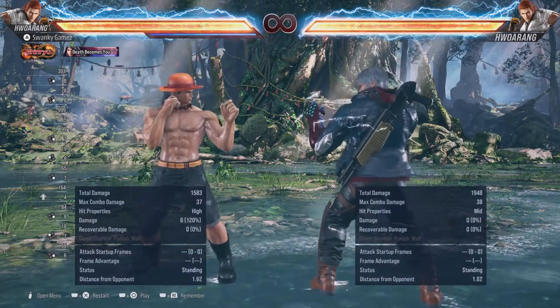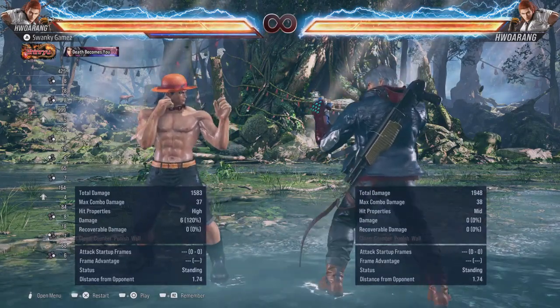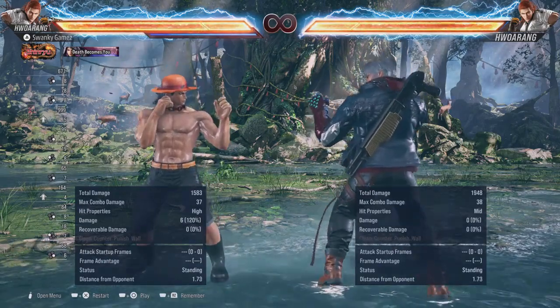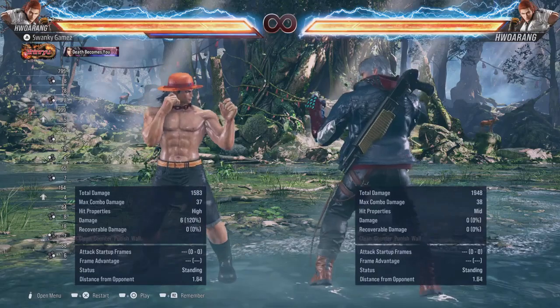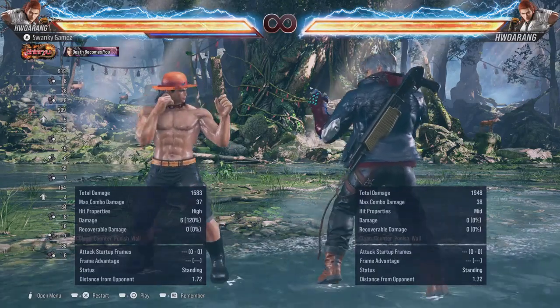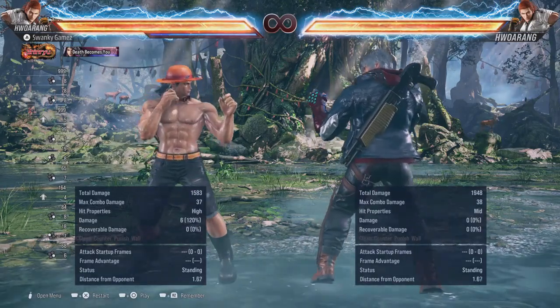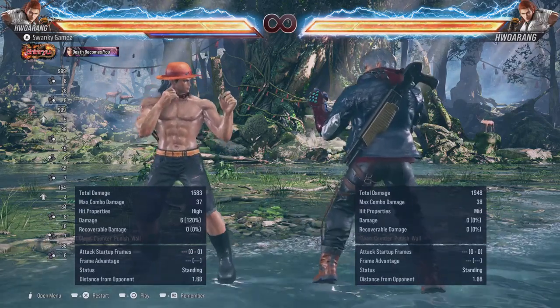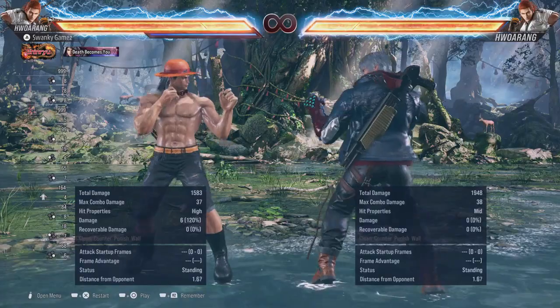So it's one of those things where, if you're starting at plus frames, it's not the worst idea to use that to your advantage to really pressure your opponent to try to get them to make a mistake. And this is not just with Horong, this is with multiple characters.